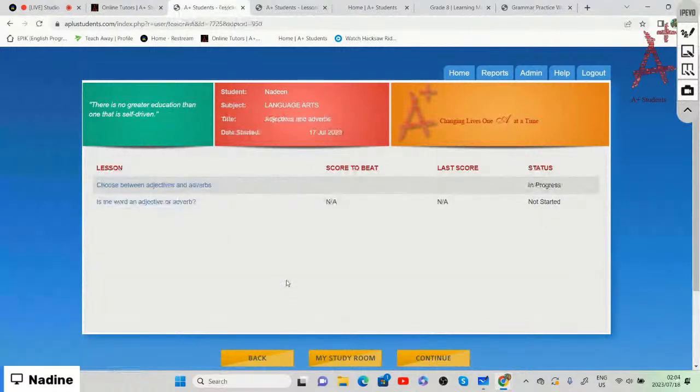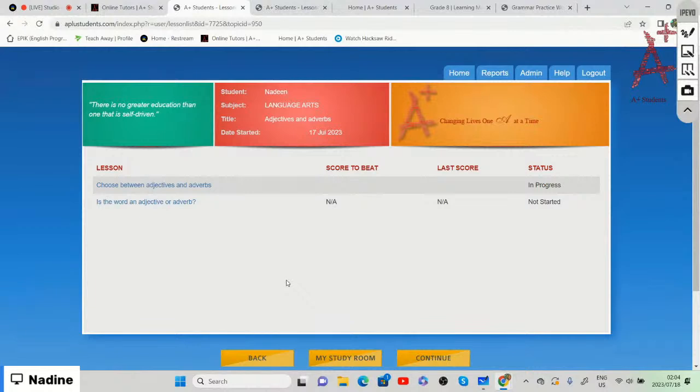All right, so once we are in the chapter of adjectives and adverbs, we are going to focus on the lesson we are doing today, which is choosing between adjectives and adverbs, right? So before we choose between an adjective and adverb, we need to know what an adjective is as well as what an adverb is.